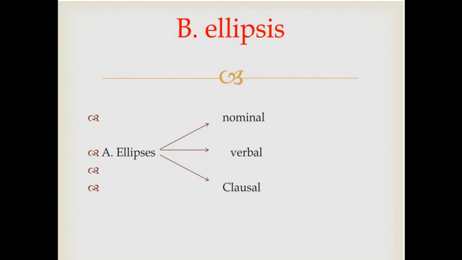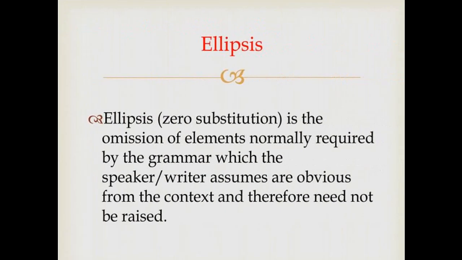Ellipsis can be divided into three: nominal, verbal, and clausal. Ellipsis, or zero substitution, is the omission of elements normally required by the grammar, which the speaker or writer assumes are obvious from the context and therefore needn't be raised.